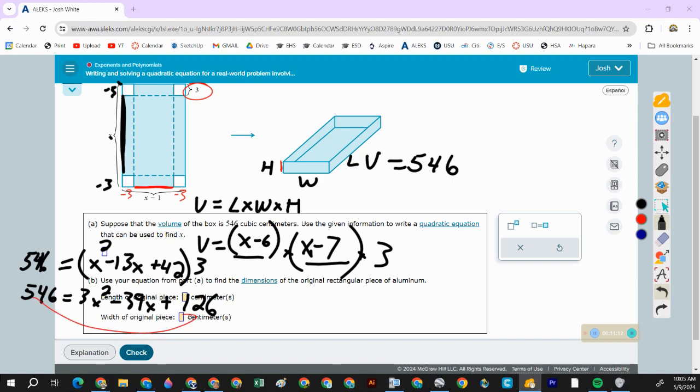Move this 546 to the other side. 3x squared minus 39x, 126 minus 546.